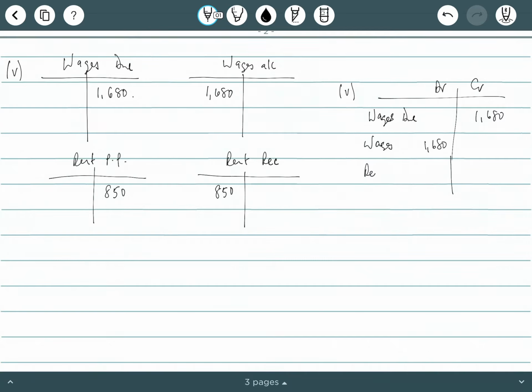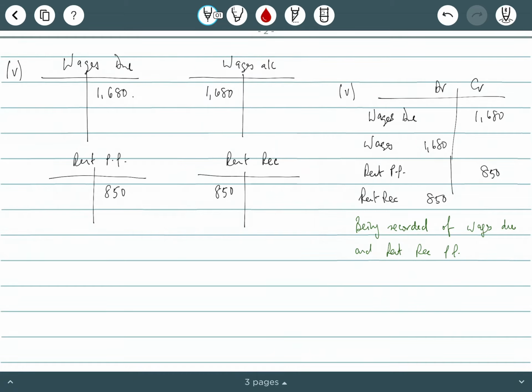We have rent prepaid, which is 850. And then we've got the rent receivable account, that is 850 here. As you can see, there's no suspense, so we can say being recorded of wages due and rent received prepaid.